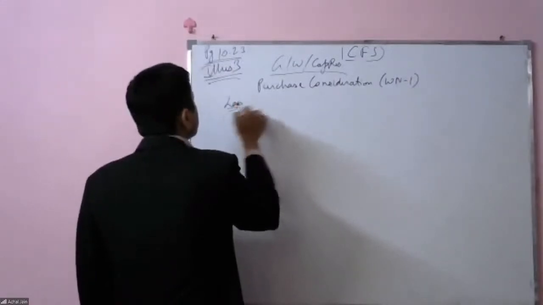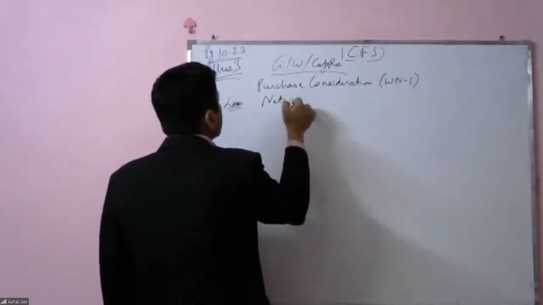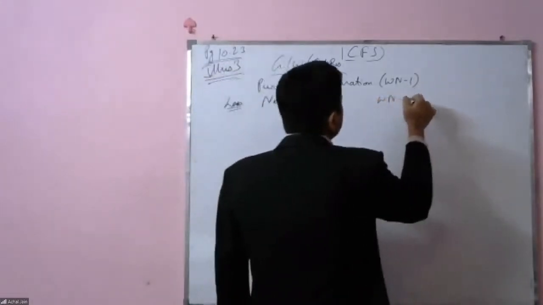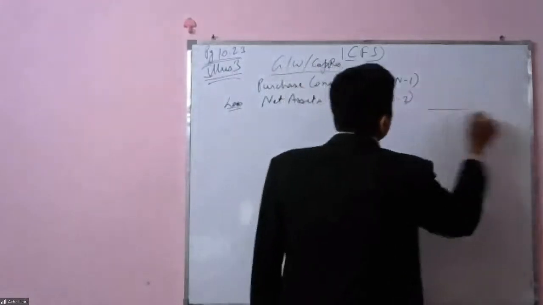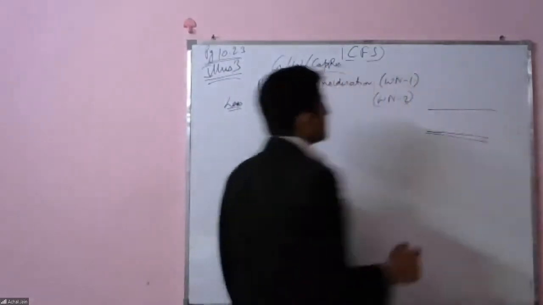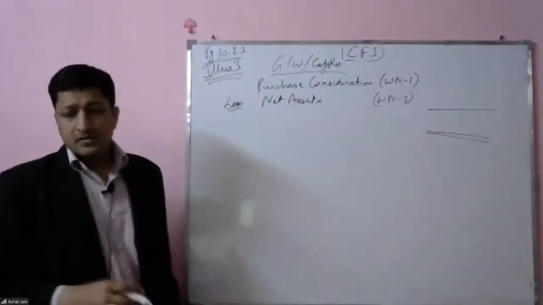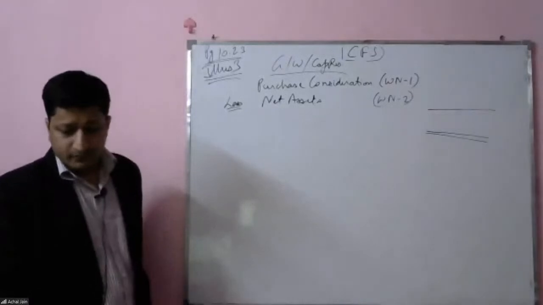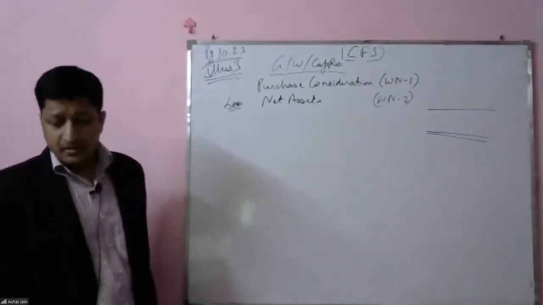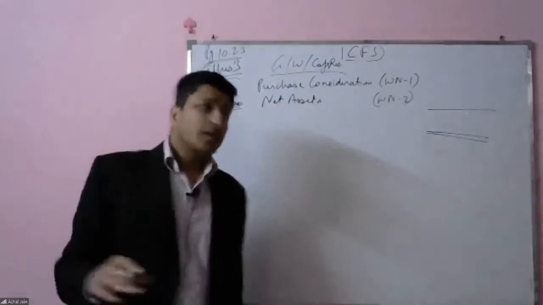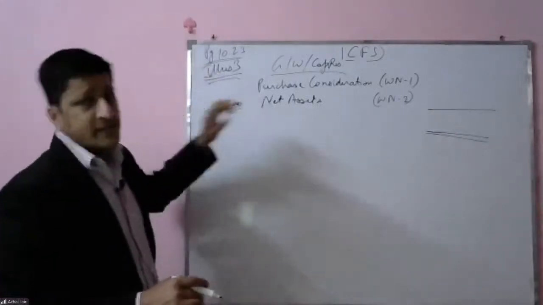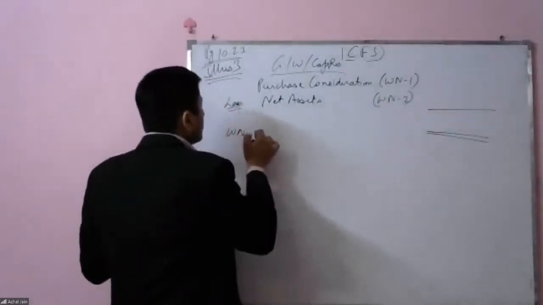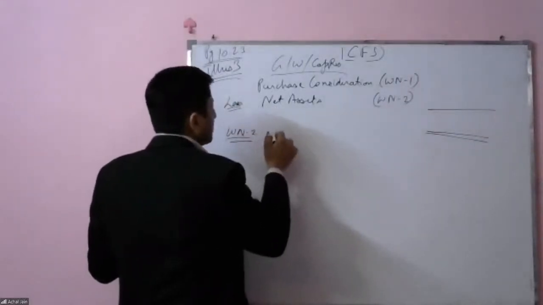Less net assets, for which we can give the working note reference 2, and that will give us goodwill or capital reserve, which is not known to us right now. So now in this case, what's the first thing we'll do? We will compute this amount of net assets. So I'm going to working note number 2 first of all.